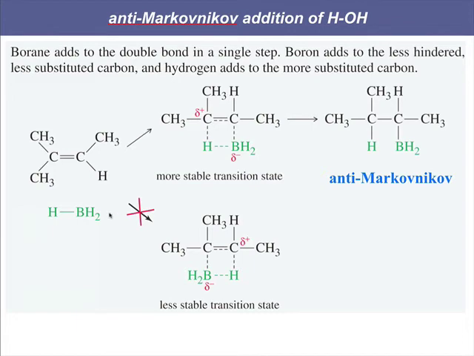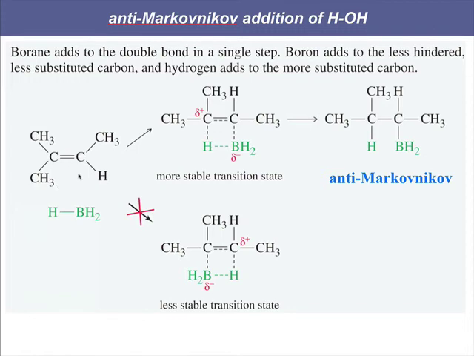When the H and BH2 add across this double bond, they're going to add in the position that makes the most room for the BH2. Looking at this double bond, we've got two methyls on the left. That's the Markovnikov position. We've got one methyl on the right with a hydrogen. That's the anti-Markovnikov position. In a Markovnikov reaction, that is where our hydrogen goes.